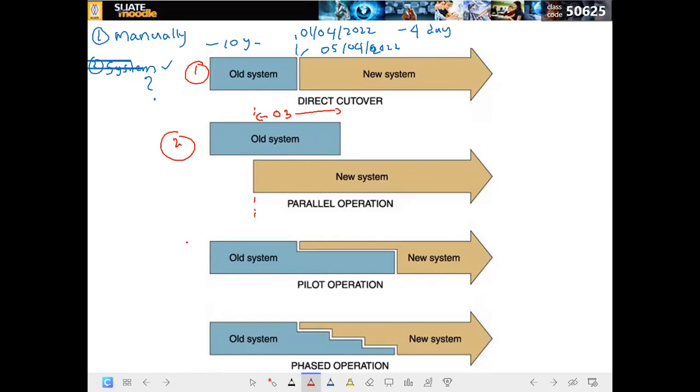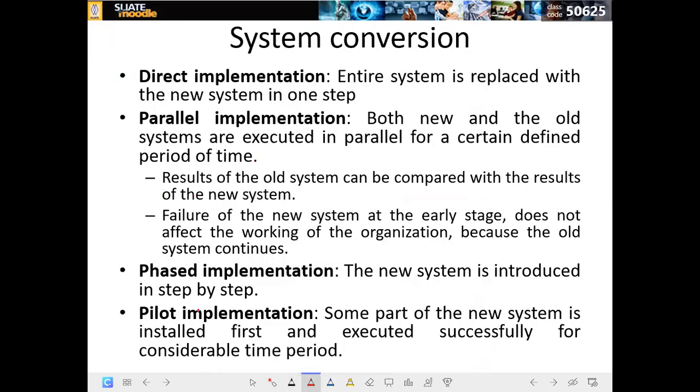Then the third one, pilot operation. What's the description for that one? It says some part of the new system is installed first and executed successfully for a considerable time period.